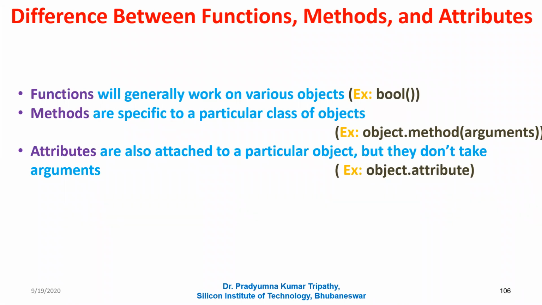So these are functions which are used independently. I want to pass some arguments over there, which will give some output. These are generally not used with the object name. That means we do not use object dot something. We can directly invoke the function.